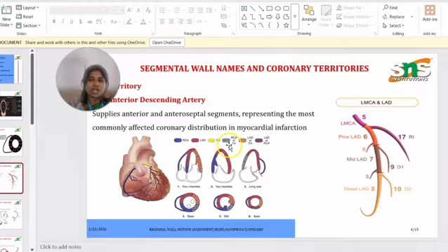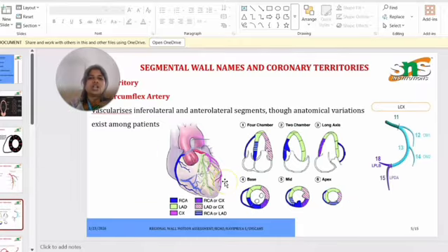The blue one is mentioned as RCA, and the circumflex artery, LAD and circumflex are also plotted in red, and the purple color mentions LAD or RCA, whichever is the dominant artery, which may also distribute blood to segments of the LV. The LCX artery, the left circumflex artery, vascularizes the inferolateral and anterolateral segments, though anatomical variation exists among patients.